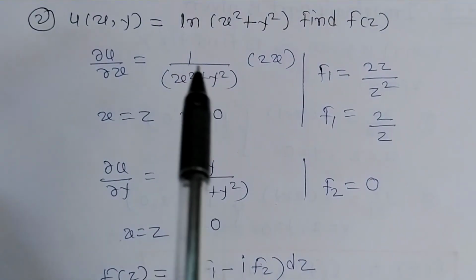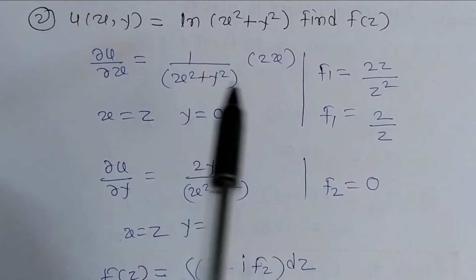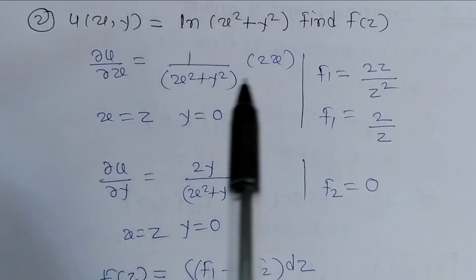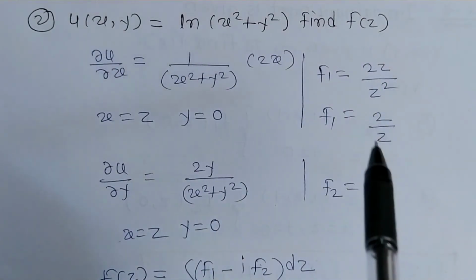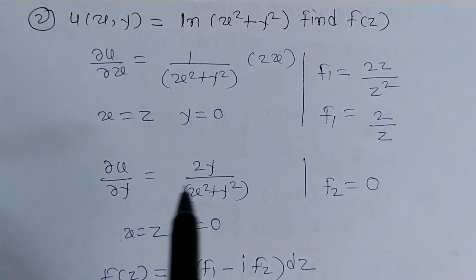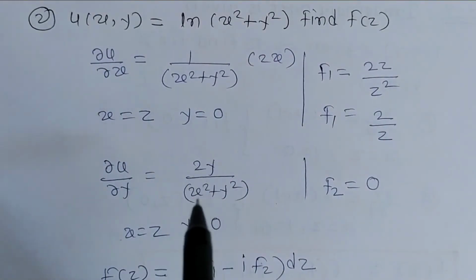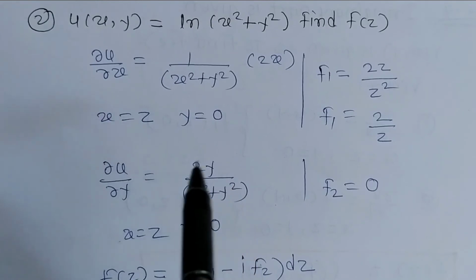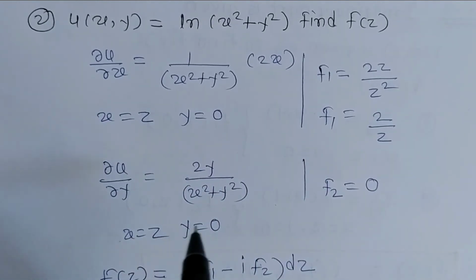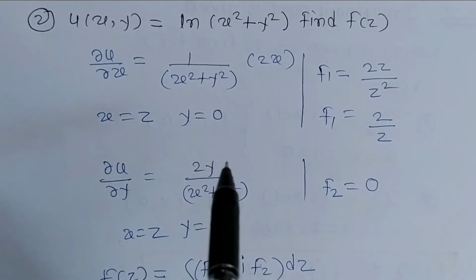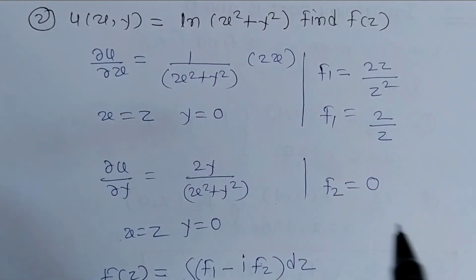So it becomes f1 is equal to 2z upon z square, that is 2 by z. And dou u by dou y, with respect to y, is 1 upon x square plus y square into 2y. When we put x is equal to z and y is equal to 0, f2 is 0.